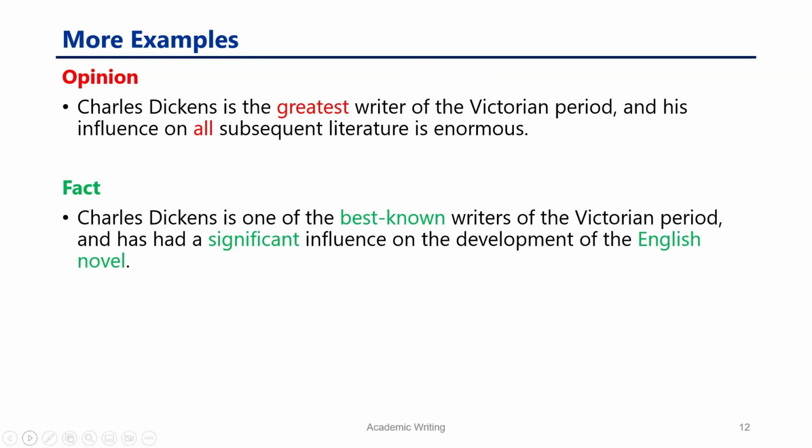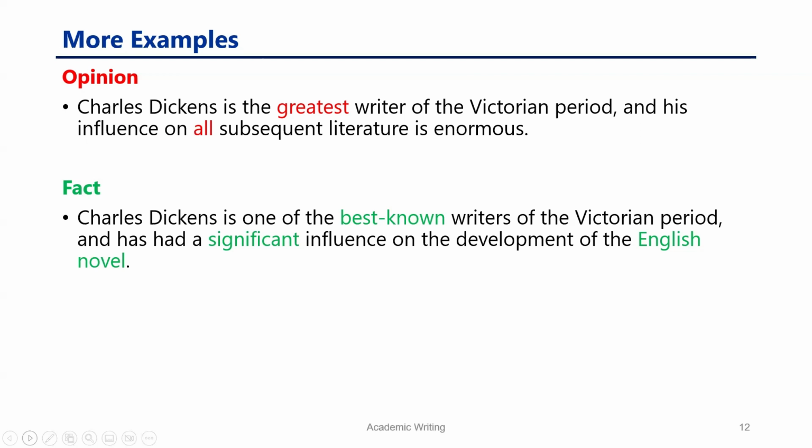Opinion has no place in academic writing. For example, Charles Dickens is the greatest writer of the Victorian period, and his influence on all subsequent literature is enormous. Okay, greatest, that's a judgment on your part. It's very difficult to prove whether somebody is the greatest or the least or things of that sort.